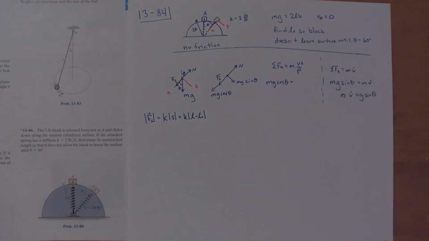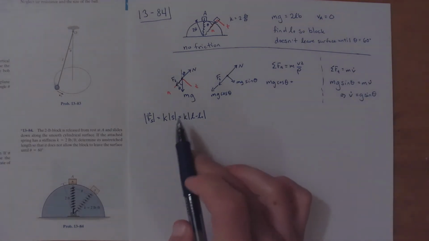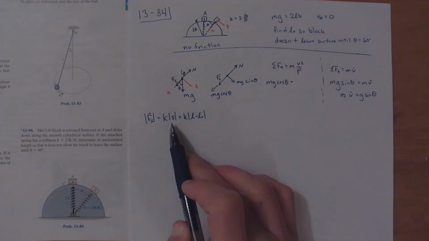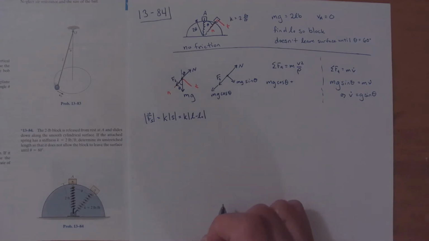We're looking for L naught. The problem here, if you don't use the absolute value sign, is that S could be negative, which would change the direction of your force, but we already know that the force is pointing inward.